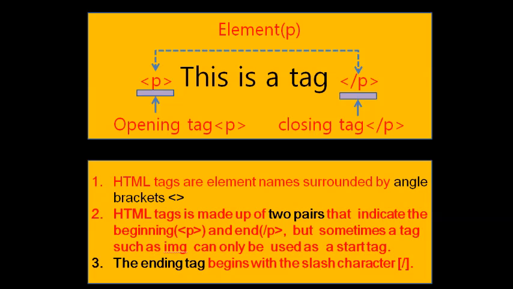HTML tags are element names surrounded by angle brackets. HTML tags are made up of two pairs that indicate the beginning and end, but sometimes a tag such as img can only be used as a start tag. The ending tag begins with the slash character.